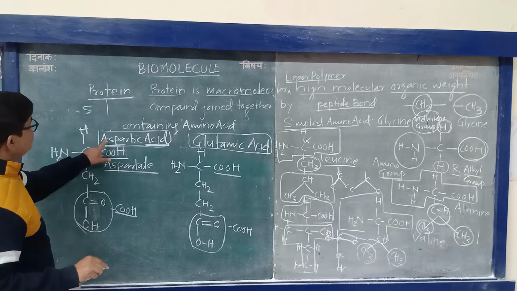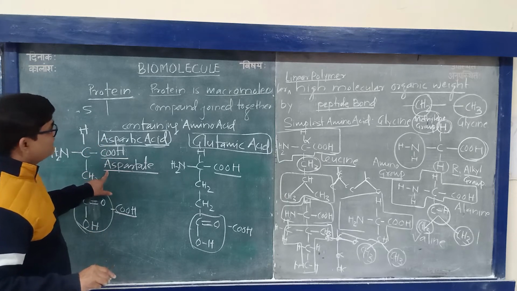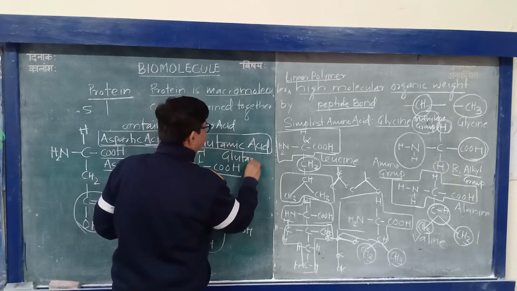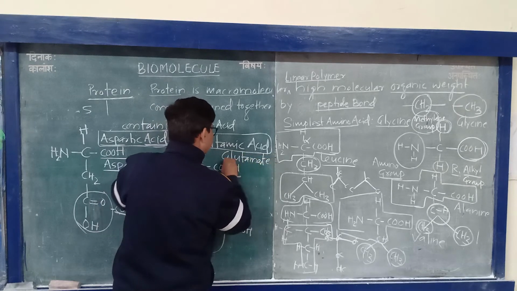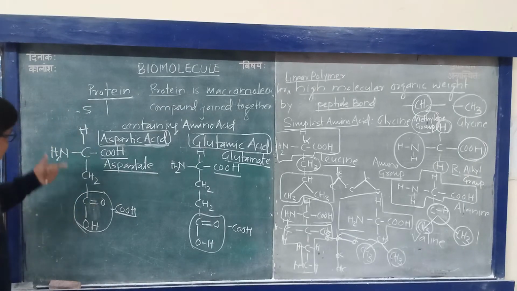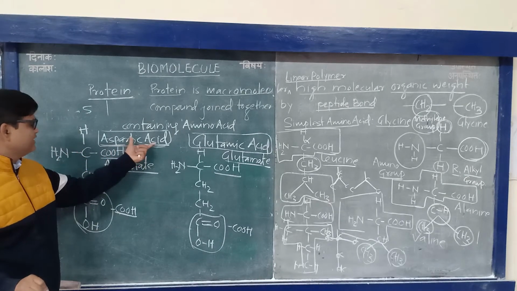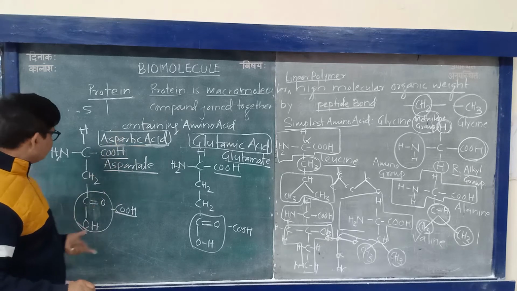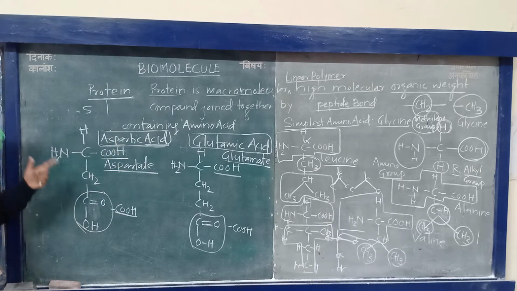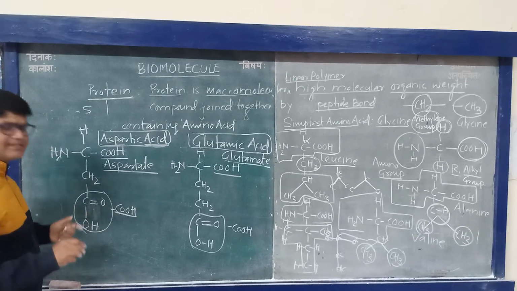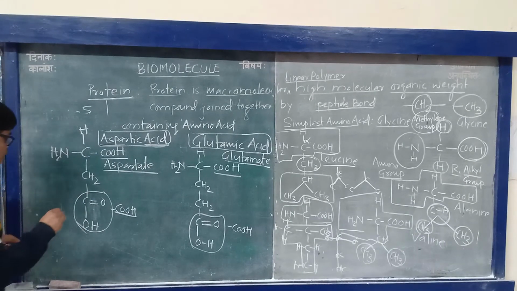Aspartic acid is also known as aspartate, and glutamic acid as glutamate. Okay. So if the acid group is there, then the name automatically takes the suffix acid. So these are the aspartic acid and glutamic acid chemical structures. Next, the amide group, CO and NH2 group.